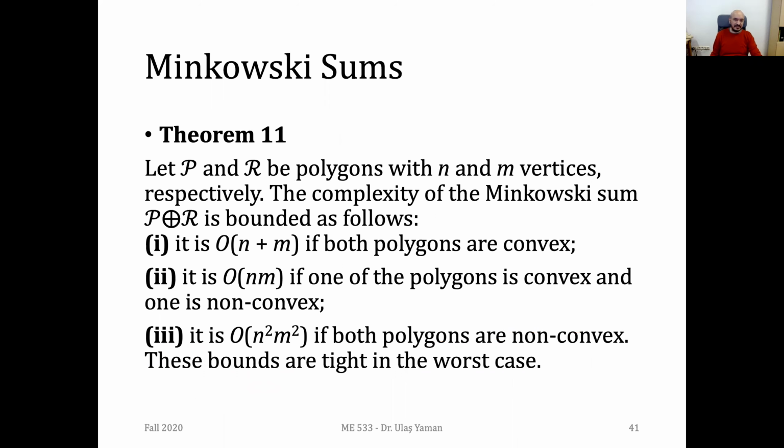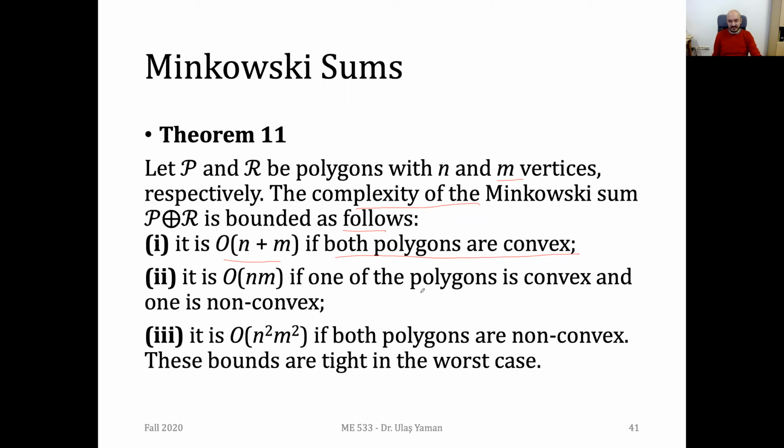This theorem is a continuation of the previous theorem. Again, it's about time complexities. We have polygons P and R with n and m vertices. Then the complexity of our summation is bounded as follows. If you are using convex polygons, then this is theorem 10.